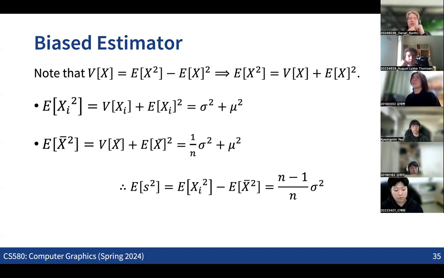So the biased estimator still can be useful, especially when it converges much faster than the unbiased estimator.